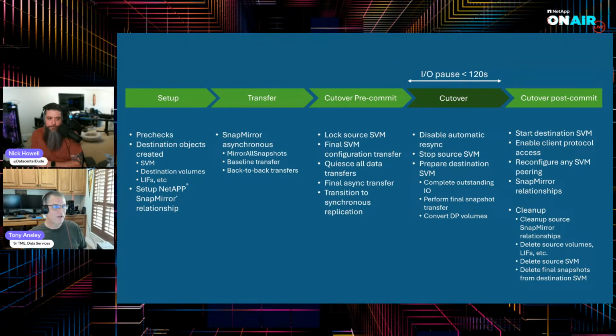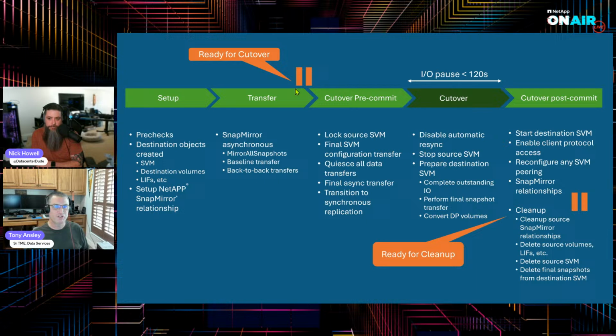In fact, we also have control over two really interesting points. If I just run the command, it'll run from one end to the other automatically. As each phase finishes, it'll move on to the next phase. Now, what happens if I don't necessarily want to cut over when, let's say, my cutover time period comes in at 3 p.m. on payday, and my HR system is using these volumes?